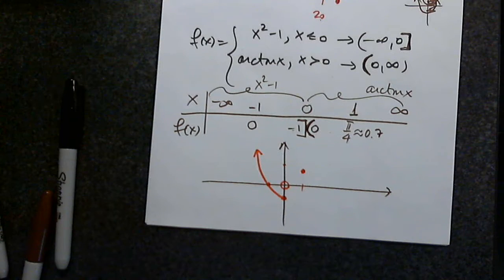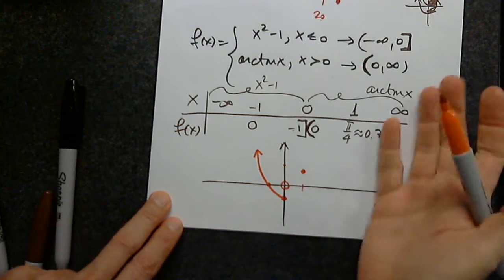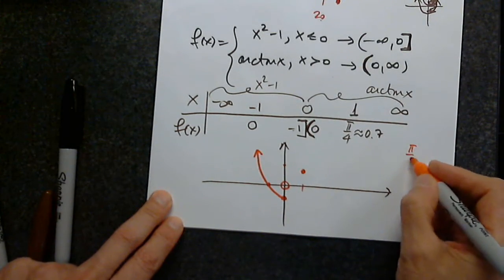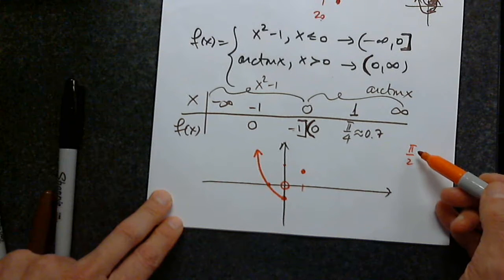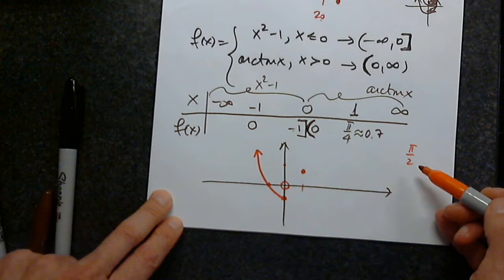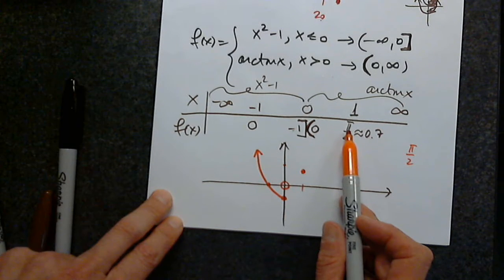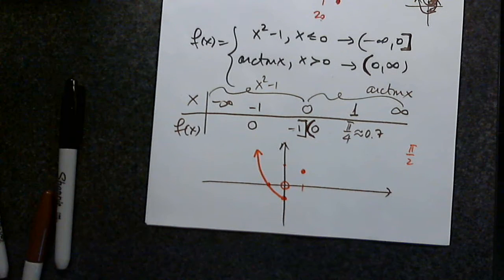But I have to remember something very important about arctangent. Arctangent has two horizontal asymptotes, but since I'm only interested in this side, the horizontal asymptote is at pi over 2. This is 3.14 divided by 2. So something is wrong here. My calculator has died. Okay.